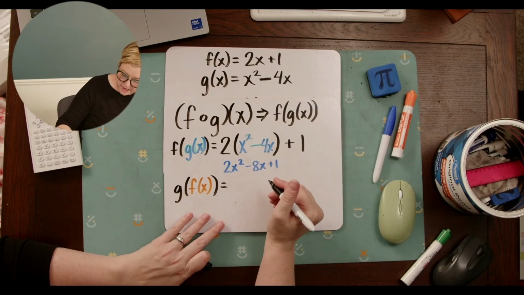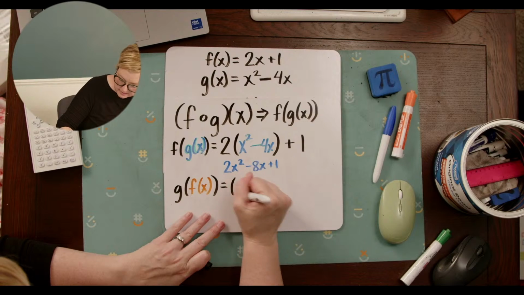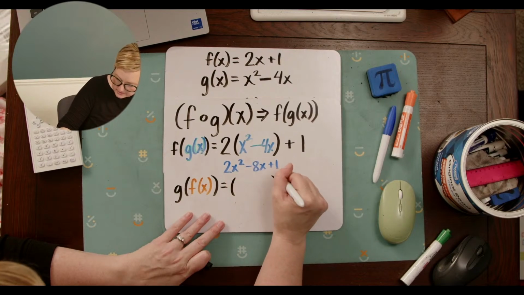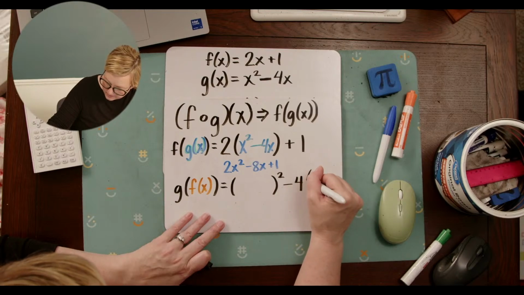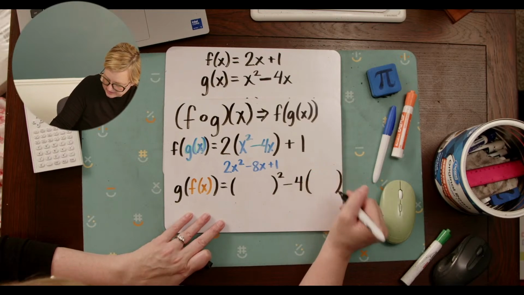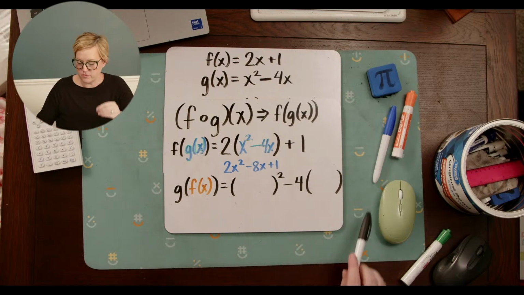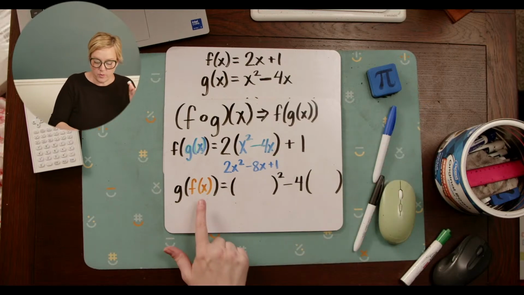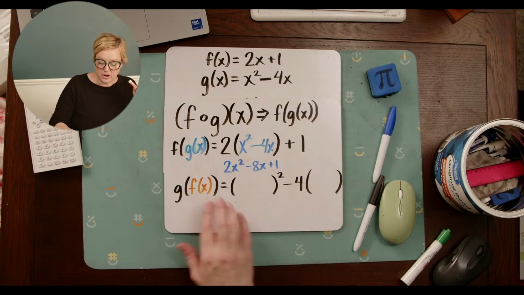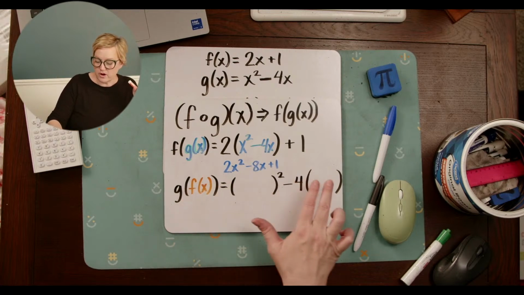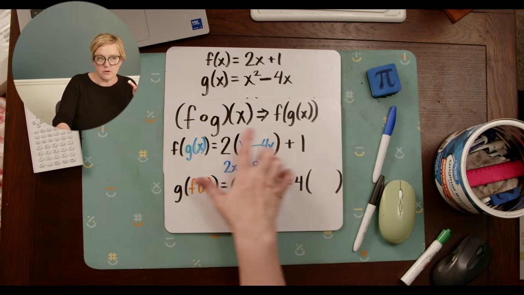So g of x is x squared minus 4 times x. Remember, whatever goes in here is going to get substituted into both of these. So if this were 2, I would have 2 squared minus 4 times 2, just like we did up here.